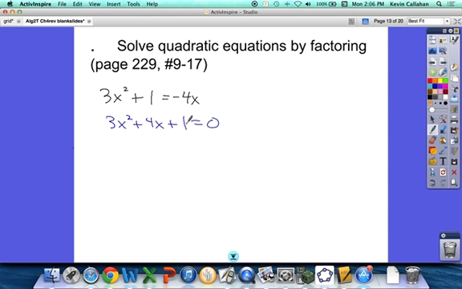Okay, now how do we factor? That is not simple. Right? You go 3 times 1 is 3. Right? What are the factors of 3 that add up to 4? 3 and 1. So 3x squared plus 3x plus x plus 1 equals 0.